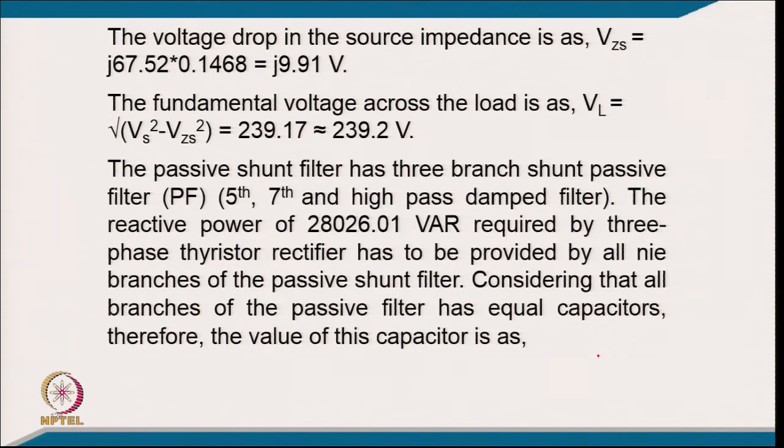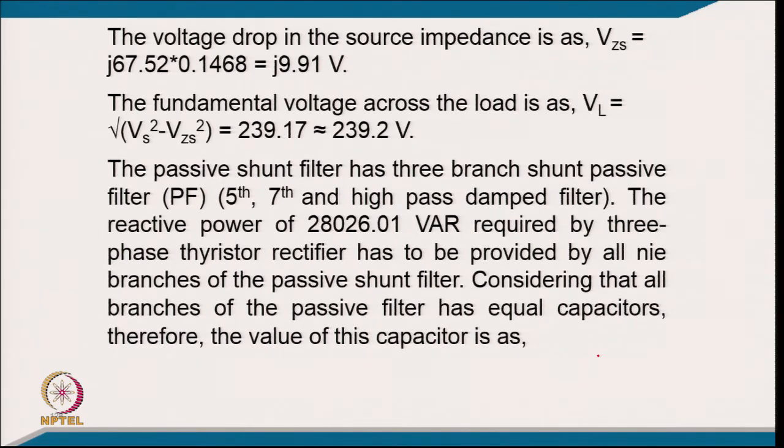Now, the passive shunt filter has 3 branches, for 5th, 7th and high pass damped filter, and the reactive power required by the converter, 28,036.01 VAR required by the 3 phase thyristor rectifier, has to be provided by all 9 branches of the passive shunt filter.